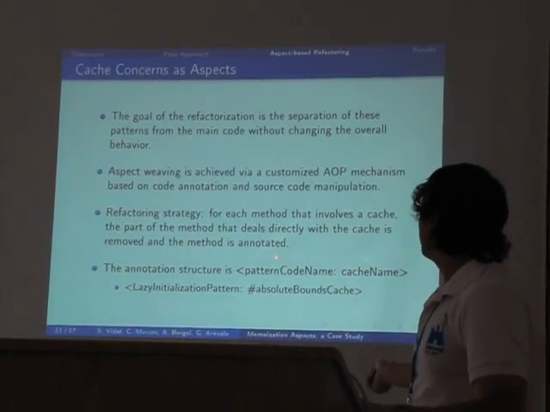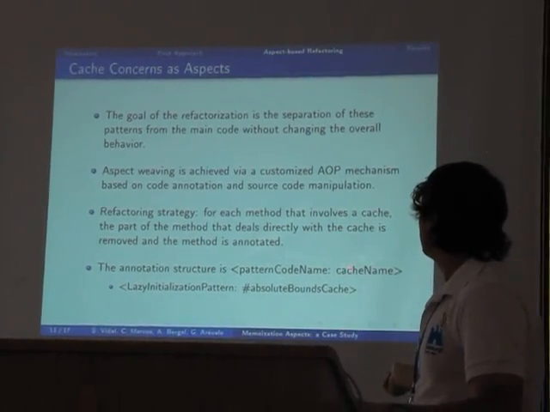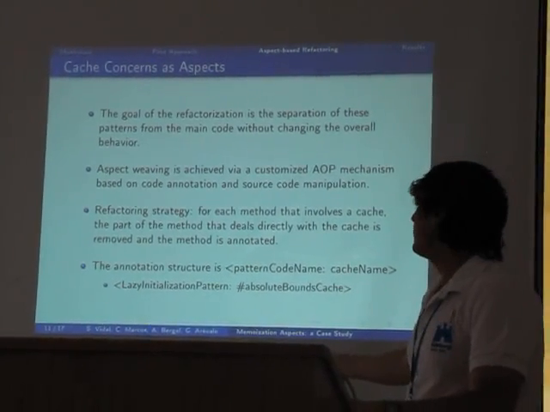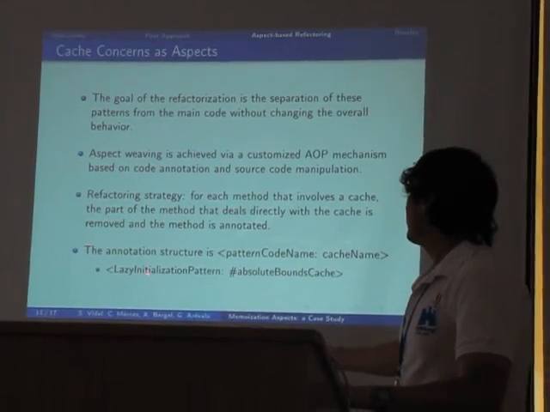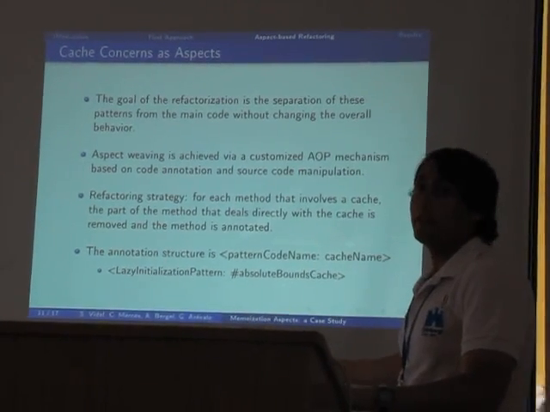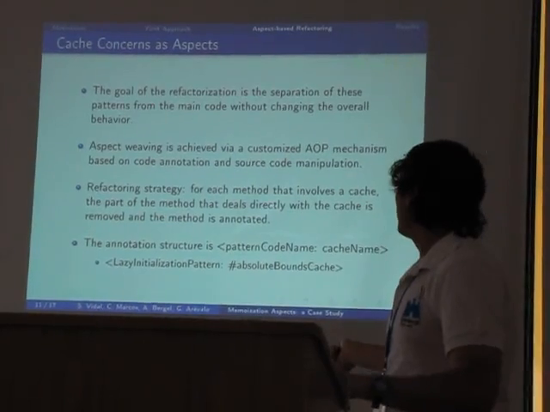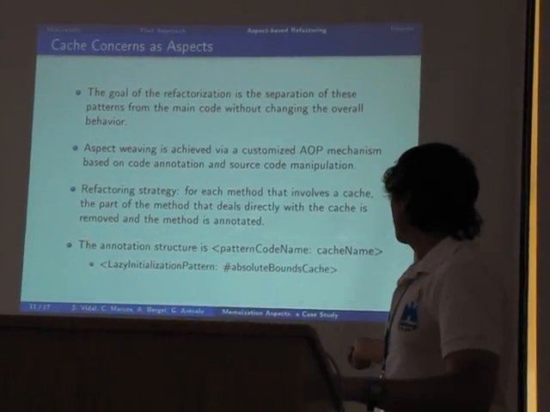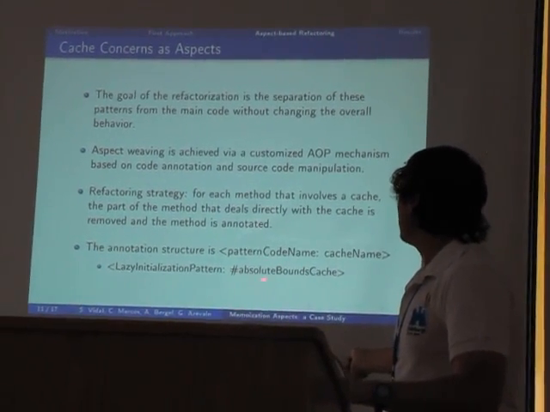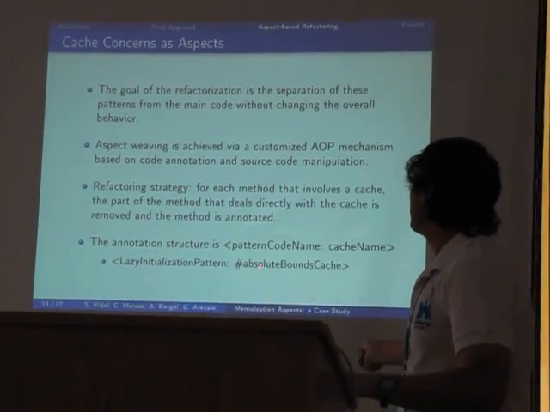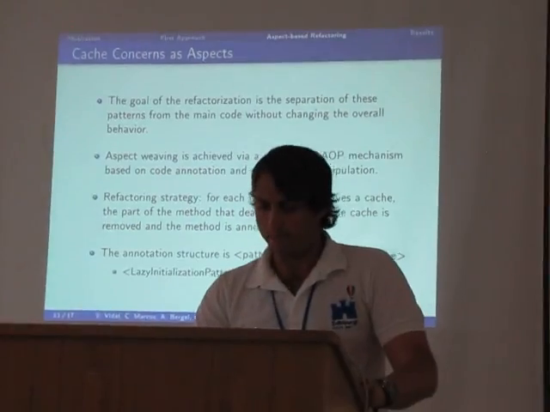The first one is the pattern code name and then the cache name. For example, here, lazy initialization pattern is the code pattern that is going to be generated and injected, and for what variable it is going to be generated is here in this name of the pragma.